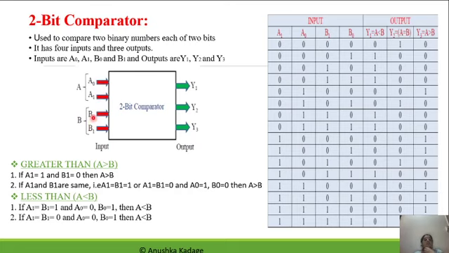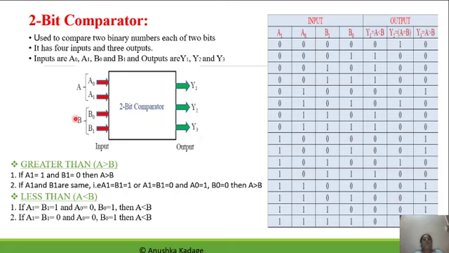So on the input side of this 2-bit comparator, 4 inputs will exist, but as we are going to do magnitude comparison, the output will again be only 3 bits: the condition of A equal to B, A greater than B, and A less than B.